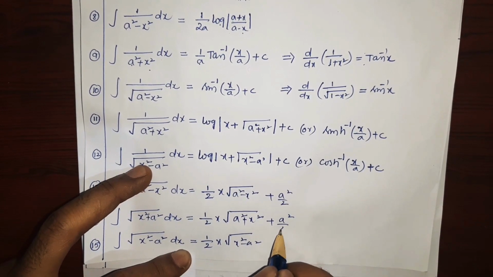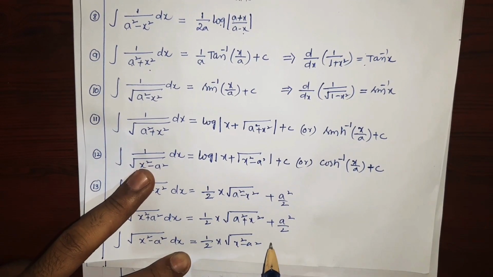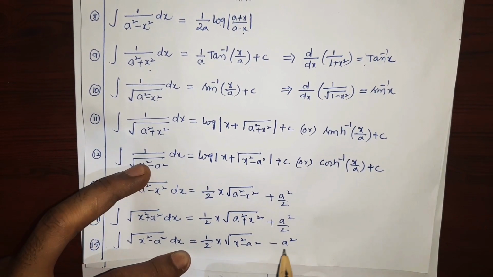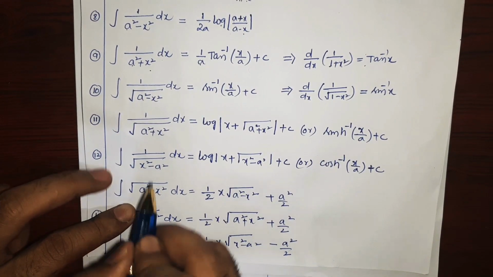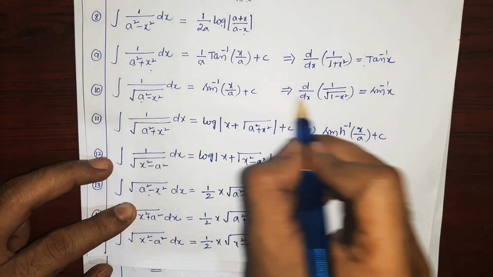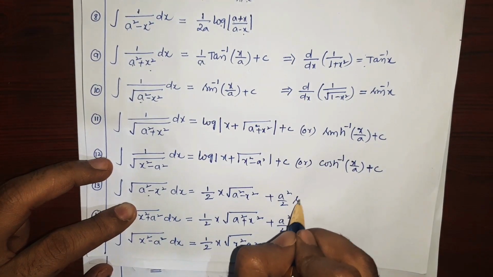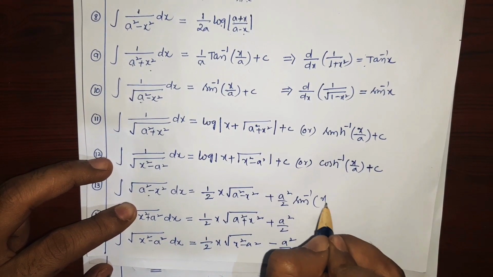If a square is minus, then write down minus a square by 2. For 1 by under root of a square minus x square, the result is what? Sin inverse of x by a plus c.